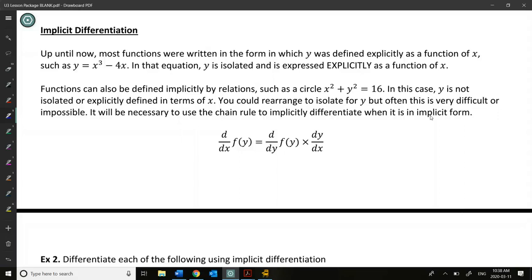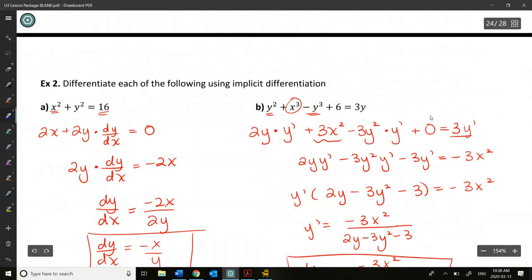Technically, it's a chain rule. When we do the derivative of something like 3x squared or x cubed, we technically are multiplying by the derivative of the inside, right? We're always applying chain rule. We just do the power rule, and then multiply by the derivative of the inside.